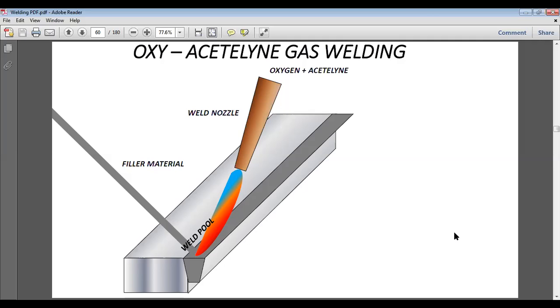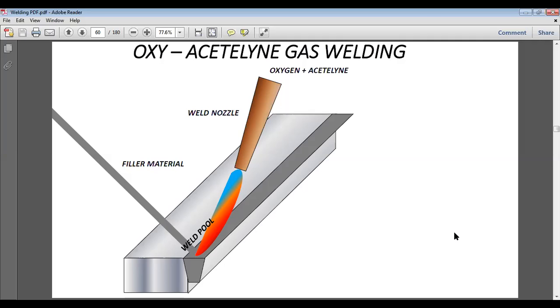In the air, oxygen is also present in good quantity, 13% or 14%. So this way we will be burning the fuel in the presence of oxygen. You can see acetylene is burned in the presence of oxygen. So this way we are getting the heat of fusion.